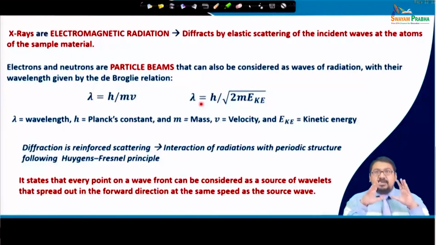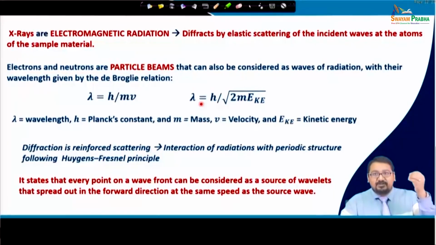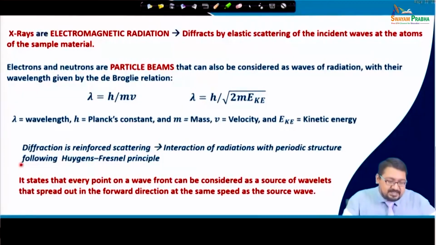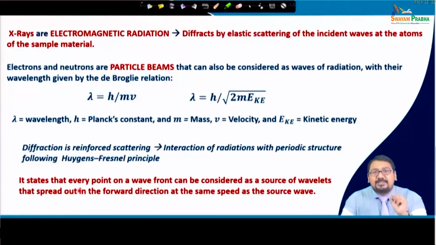So, as diffraction is reinforced scattering and it is produced because of the presence of the periodic structure of the material in which it is interacting, it basically follows the Huygens-Fresnel principle, which states that every point on the wave front can be considered as a source of wavelets.